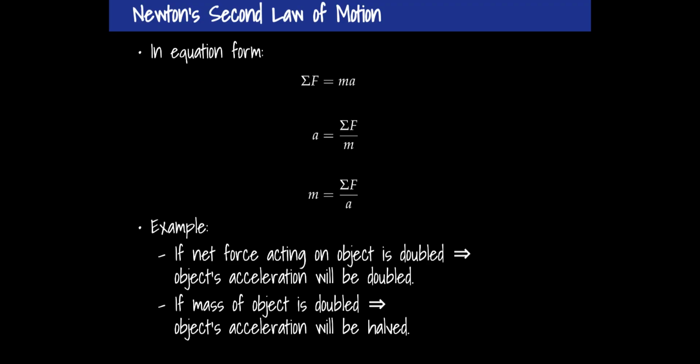Acceleration is the net force divided by the mass. By the way, on the last slide, all of those words said inversely proportional to the mass. What those math words mean is that when I rearrange the equation this way, the mass appears in the denominator. That's what that means. Fancy math speak for a simple idea.